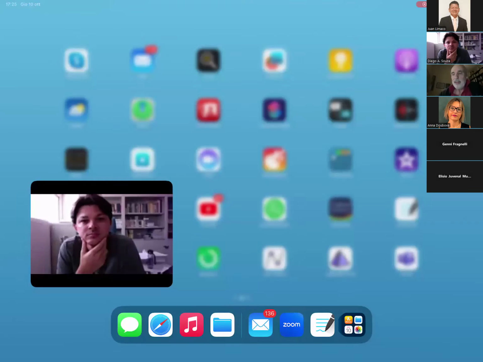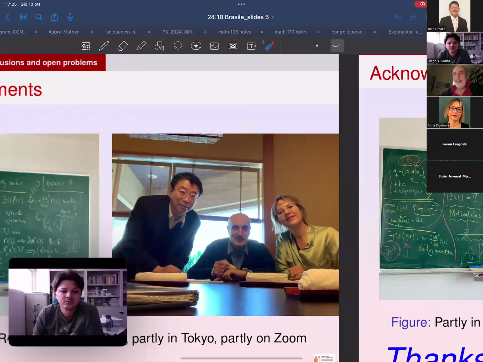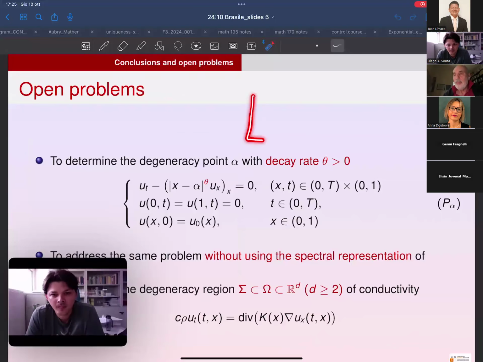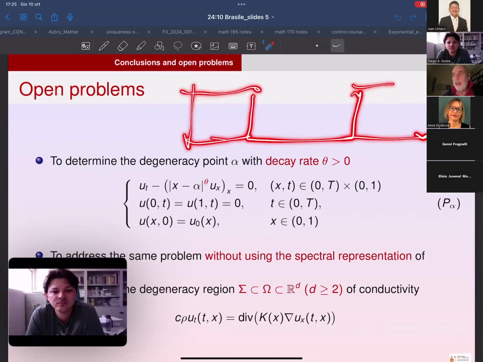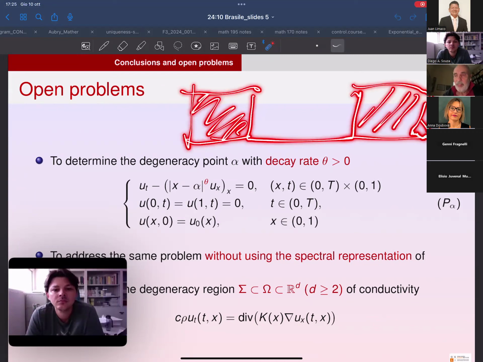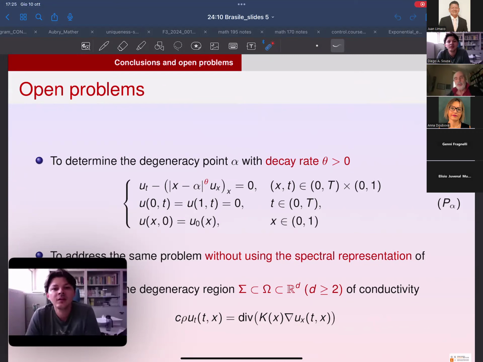If the degeneracy is strong at both points, then you can consider the problem to the right of one point and to the left of the other point, and again you have two separate problems with boundary degeneracy. So you have to take, of course, the normal derivatives at both extreme points, and you determine, just by using this result, the two degeneracy points.